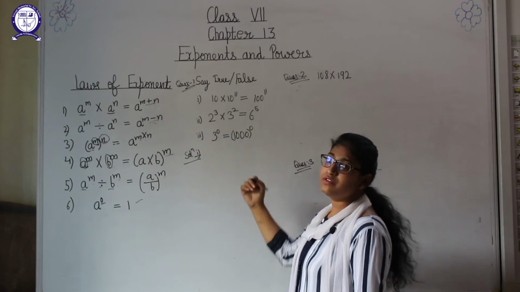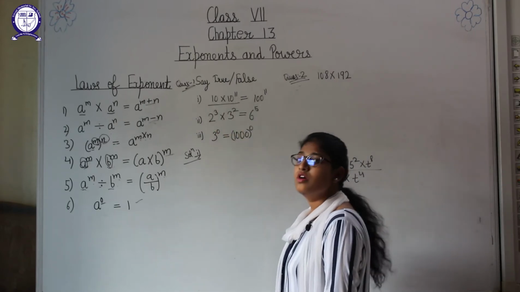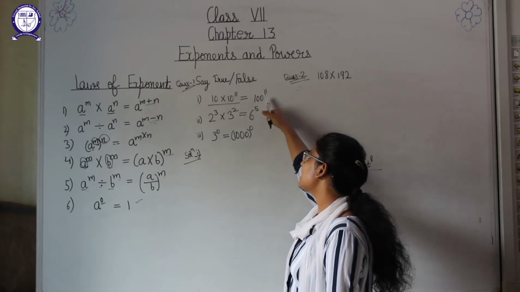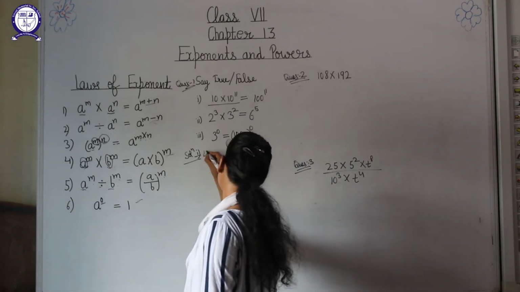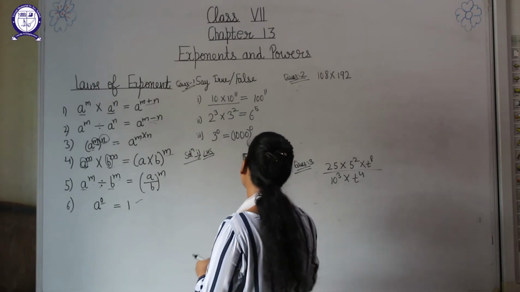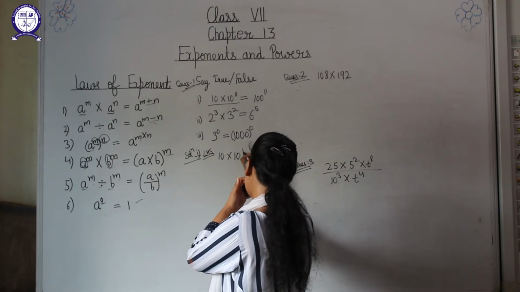To check, we will start from the left hand side. We will solve the left hand side and check whether we get the right hand side. So the left hand side is 10 into 10 raised to the power 11.